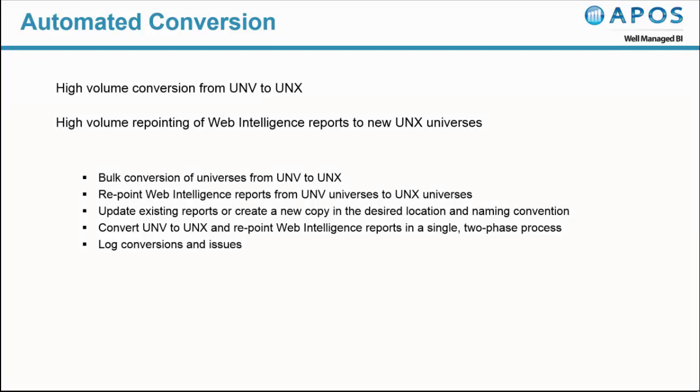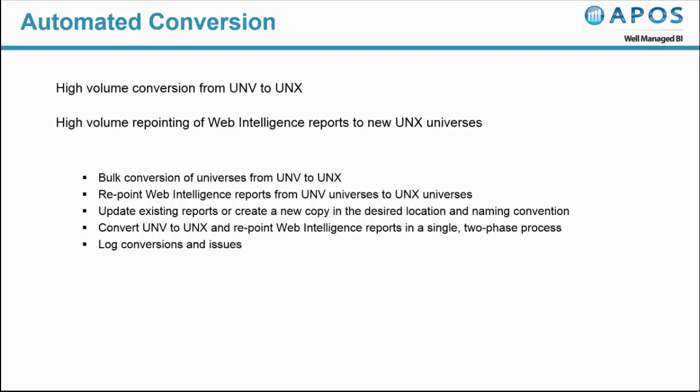So at APOS, we've developed an automated conversion solution that is going to help in a number of ways to make that move from UNV to UNX. If you have a large number of UNV universes, converting them into UNXs can be a time-consuming process. So we allow selecting of UNVs in bulk and automating the conversion process from UNV to UNX.